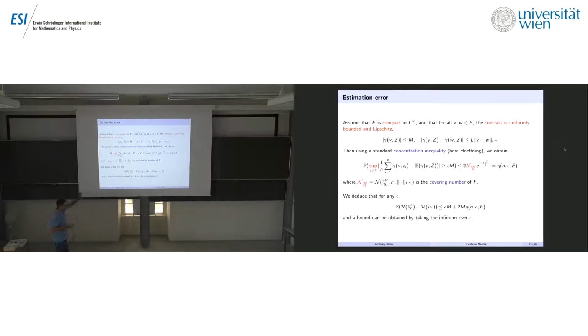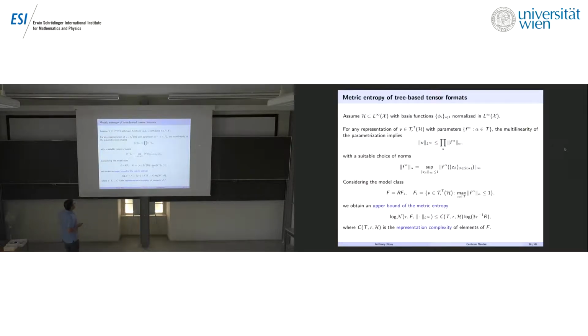Now, nothing here is specific to tree-based formats. What we need, just to obtain a bound, is an idea of the covering number, or equivalently, the metric entropy of the tree-based formats. So here I will assume that my background approximation space H is in L infinity, with basis functions normalized in L infinity. For any representation of V with the parameters F alpha I had introduced before, by the multilinearity of the format, the representation is linear in each of the F alpha.